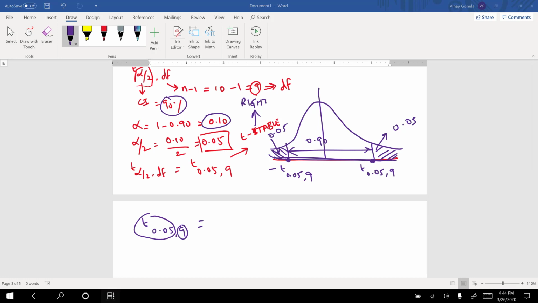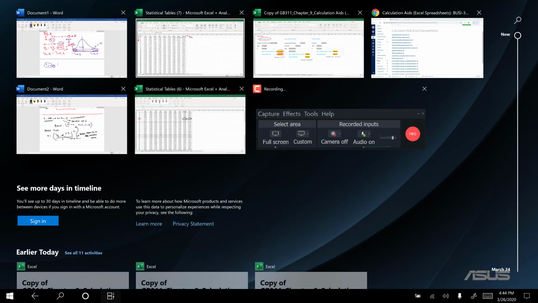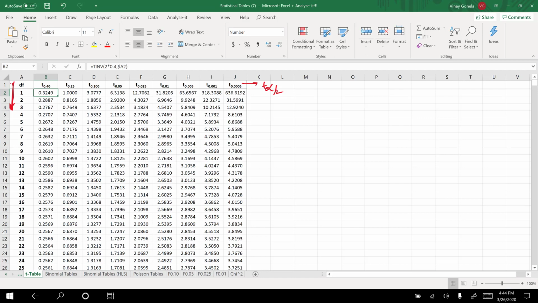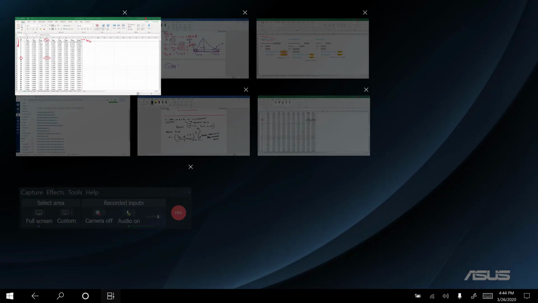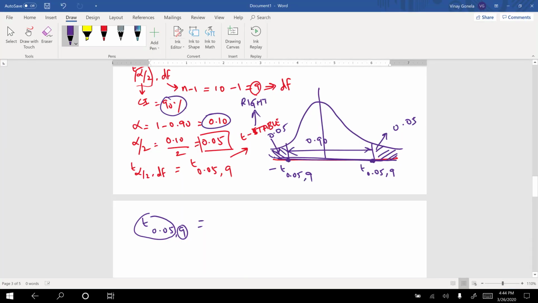I will go to the T table, and T 0.05 is this one, and degree of freedom 9 is this one, so my value would be 1.8331.